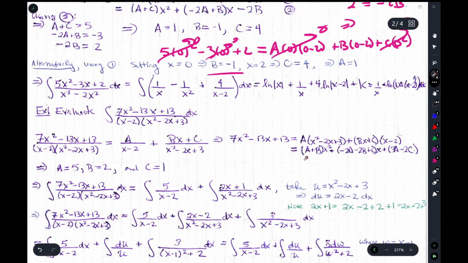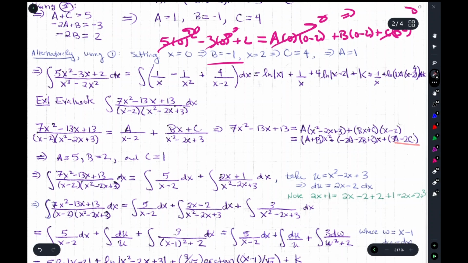You multiply by the denominator, and you get 7x squared minus 13x plus 13 is equal to this term here. Now again, we could choose particular x's, or we could gather the terms that multiply the particular degrees of x. So for x squared terms, you'll get an a plus b there, and then this will be for x, and this is the constant.